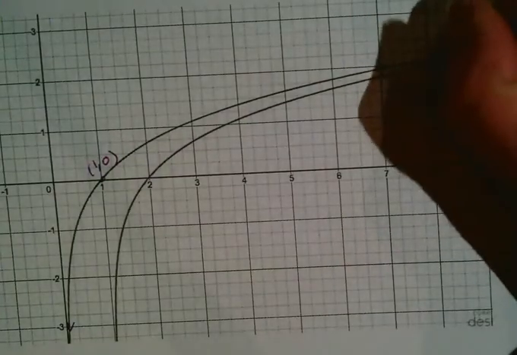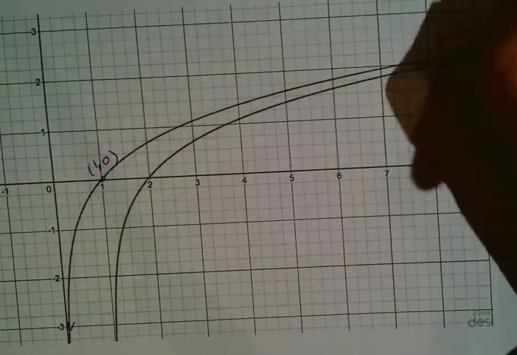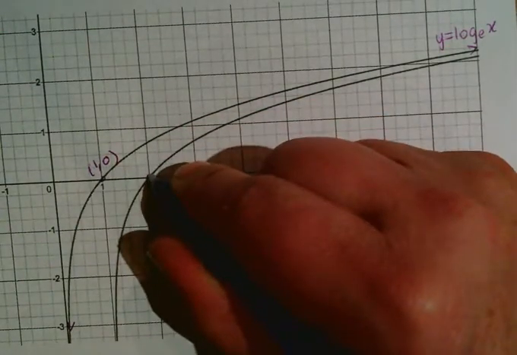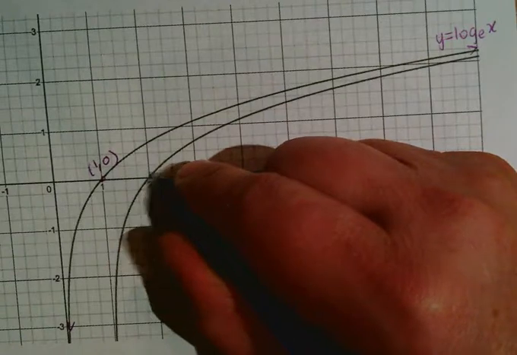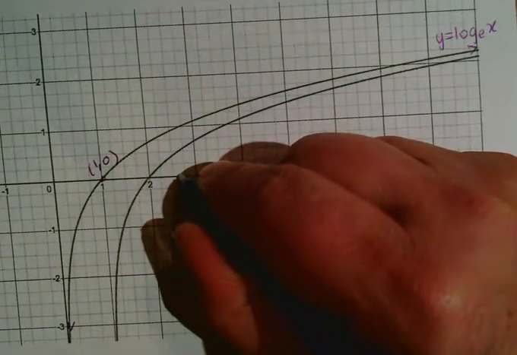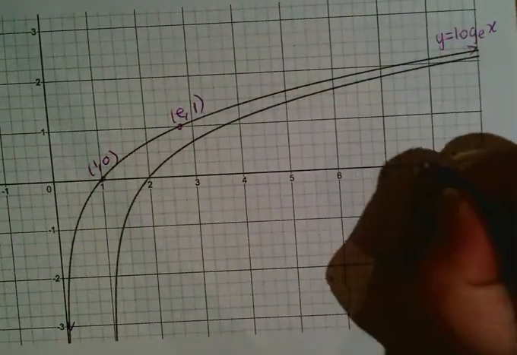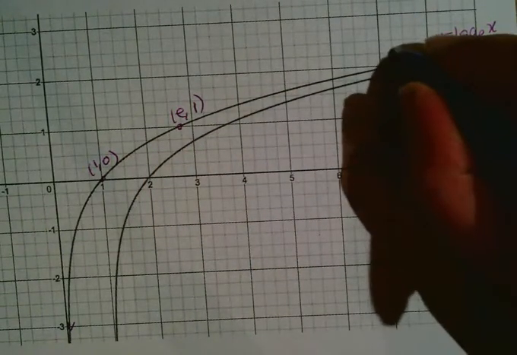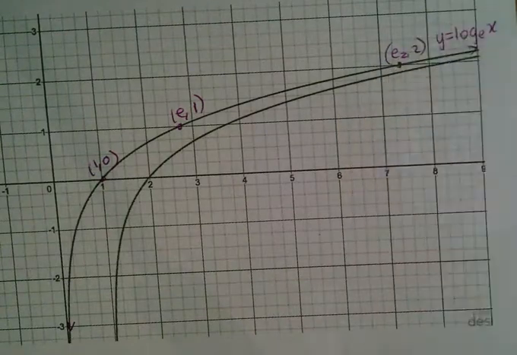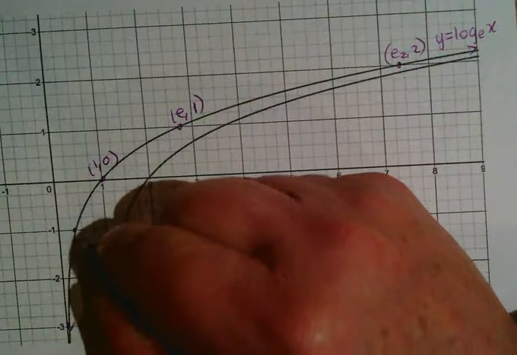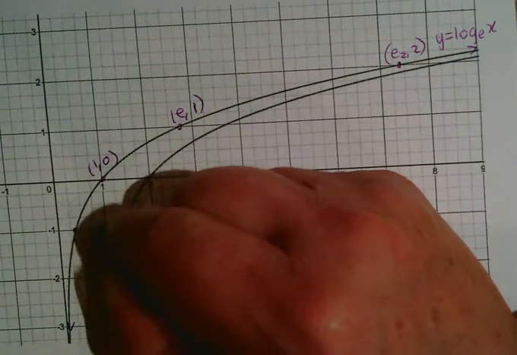So this top curve, y is log to the base e of x, okay? We've got the point 1, 0. We've got the point e, which is 2.718 about there. So this is e, 1, and this would be here, e squared, 2. Okay, here you would have 1 on e, negative 1.